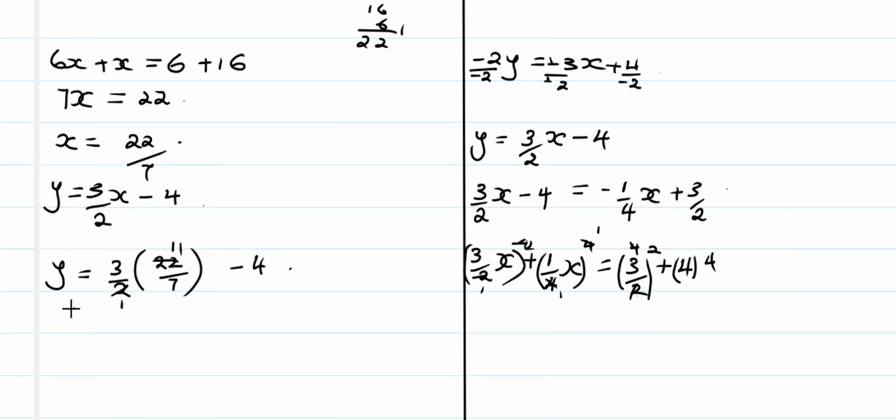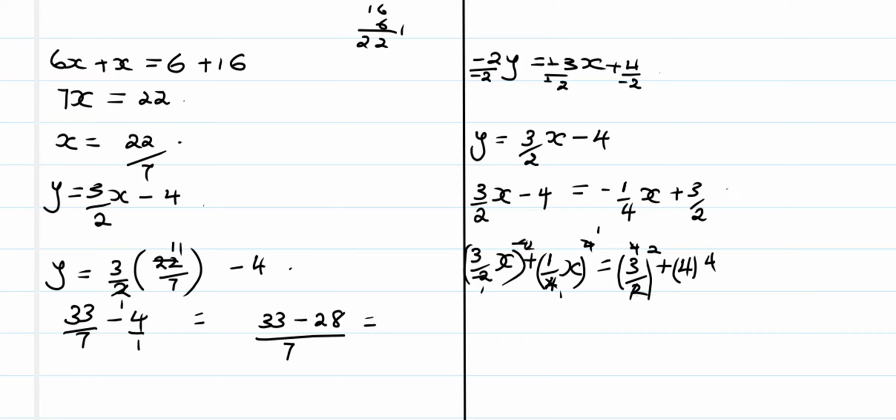So it becomes 33 over 7 minus 4. Now here I can just take the LCM, which is 7. Then 7 divided by 7 is 1, multiplied by 33 is 33. Minus 7 divided by 1 is 7, multiplied by 4 is 28.